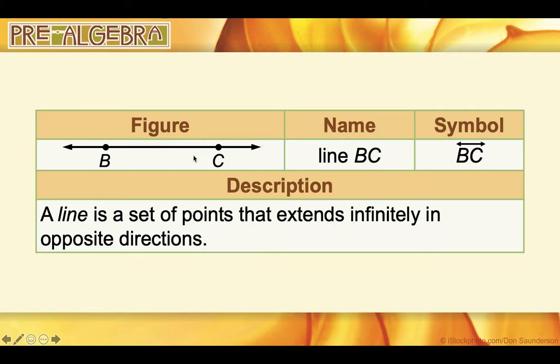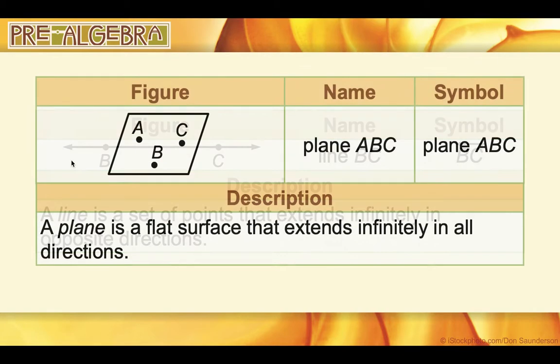So this figure is called line BC. The symbol for a line is a line with 2 arrows on the ends. This line is made up of an infinite amount of points and it's going to extend infinitely. We couldn't draw an infinite line, but this line does not stop. It keeps going out in the right direction and into the left direction.